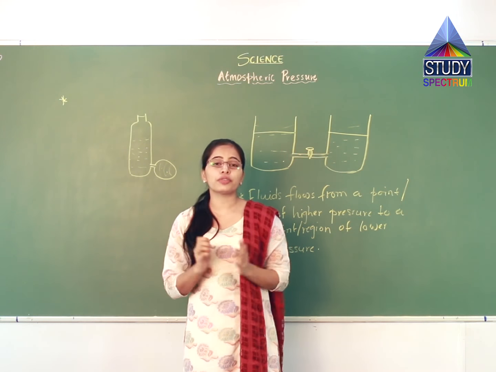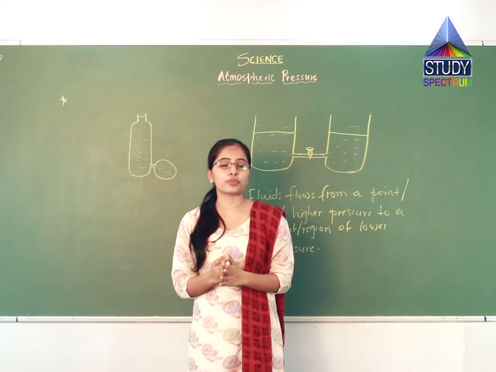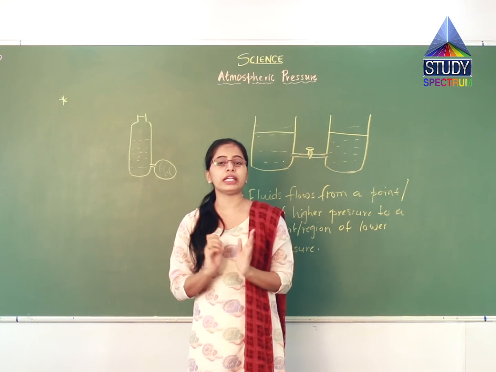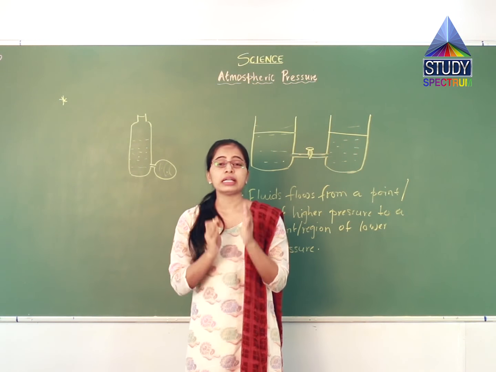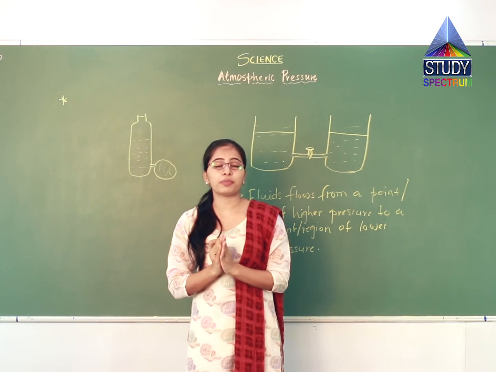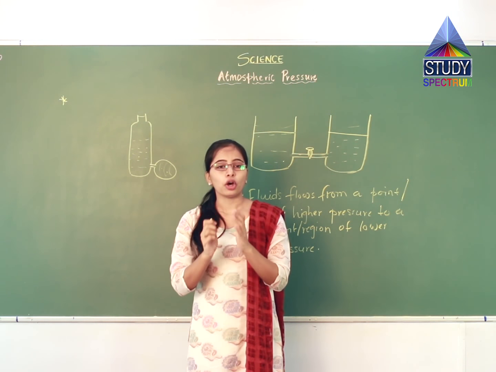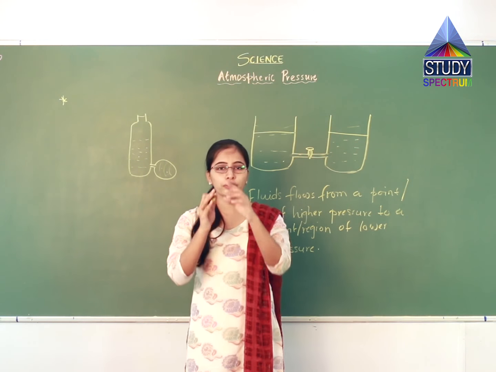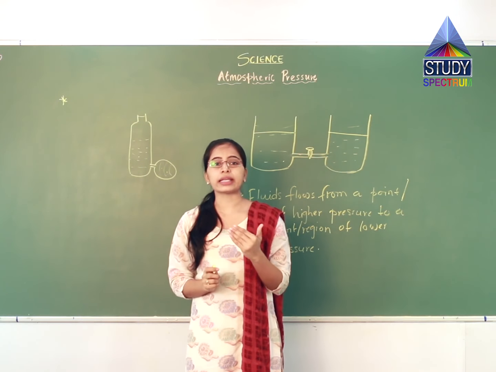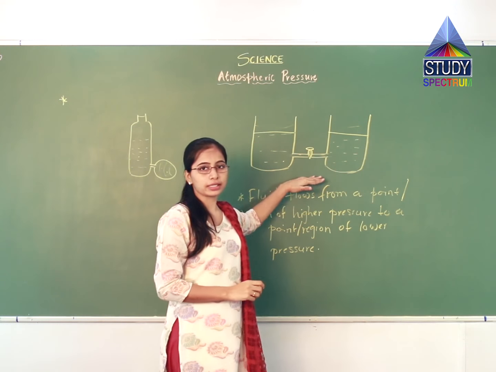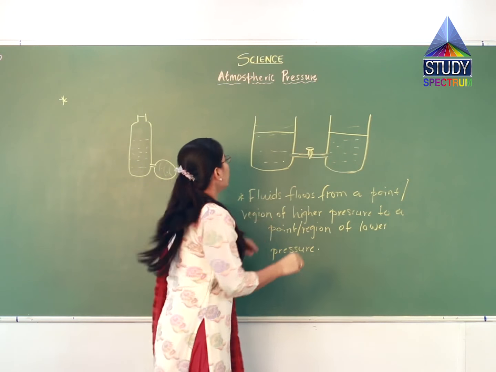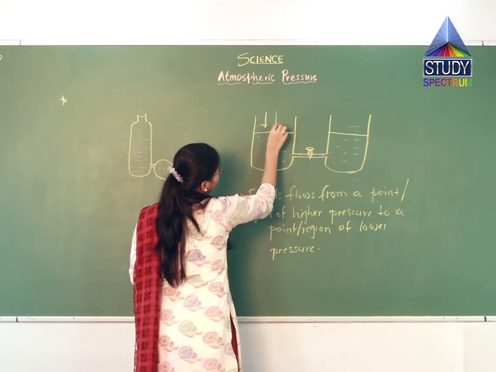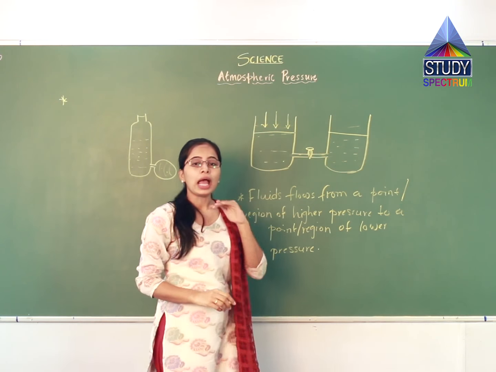But most of the phenomena and objects or experiments in our day-to-day life show us that there is atmospheric pressure acting on objects. Just as I mentioned in the example of the empty bottle, and secondly in this particular experiment, there is definitely atmospheric pressure acting on it.